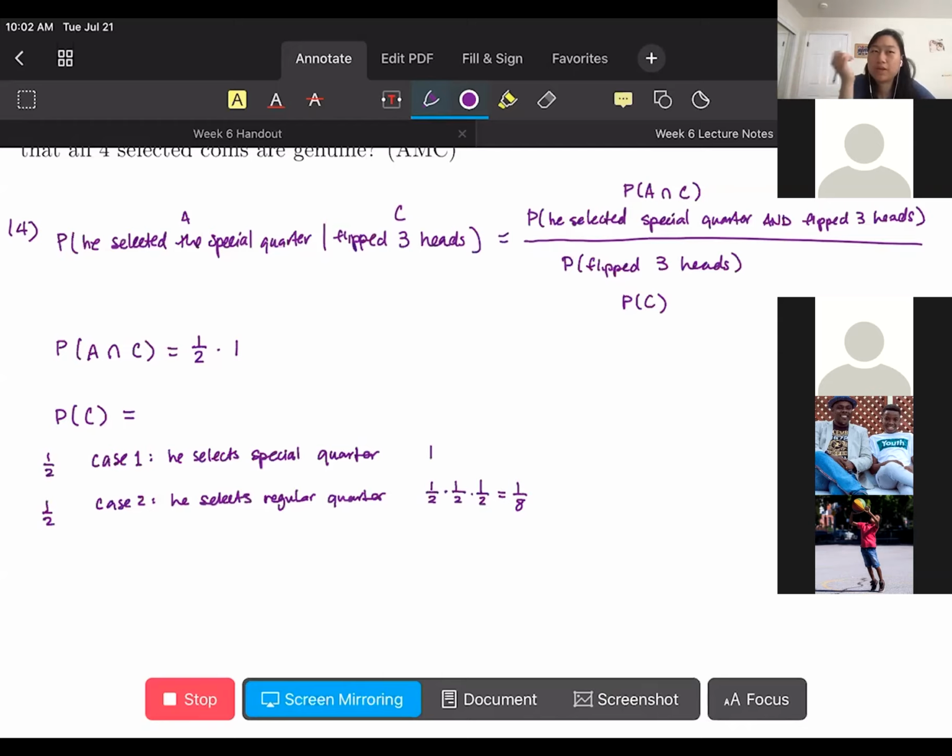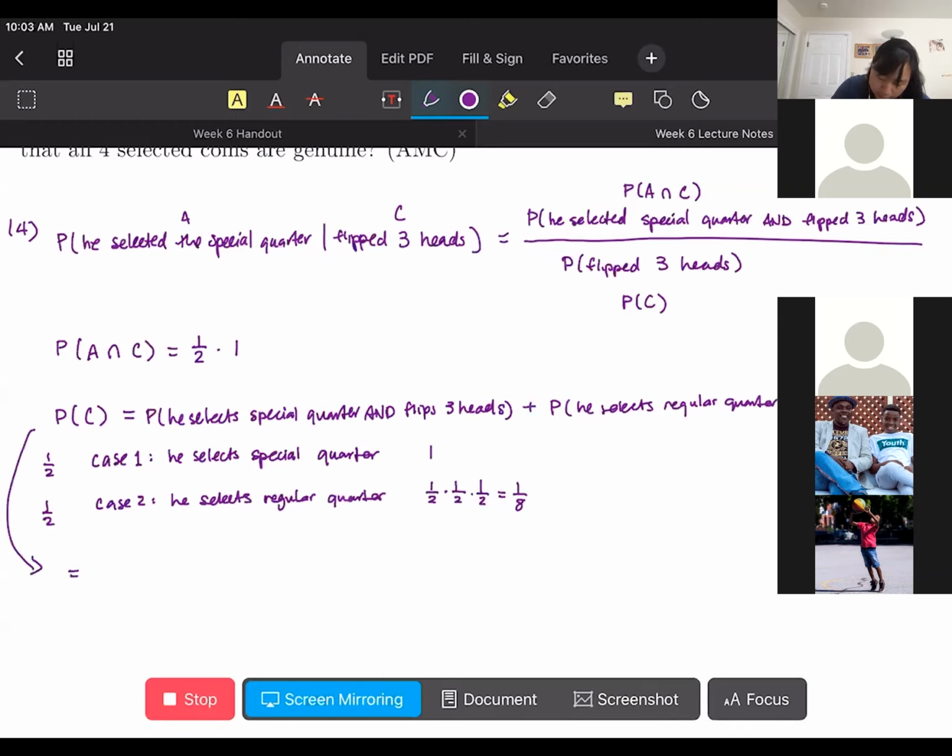So the total probability that he flips 3 heads is going to be the probability that he selects the special quarter and flips 3 heads, plus the probability he selects the regular quarter and flips 3 heads. And that's going to be using independent probability here.